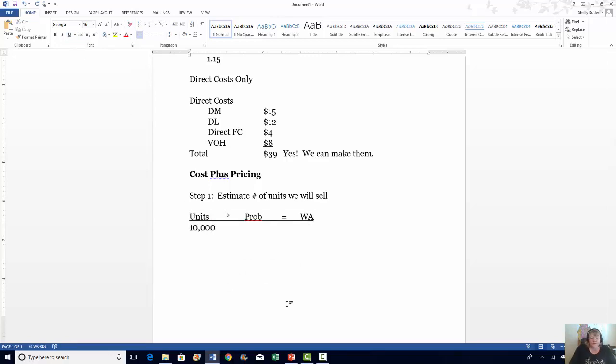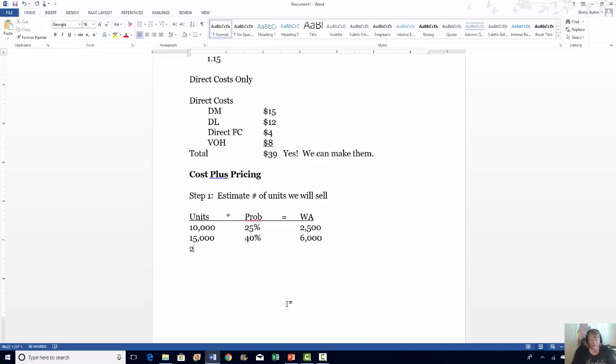So we have 10,000 units, and our probability is 25%. So our weighted average is 2,500. And 15,000 at 40% is 6,000.